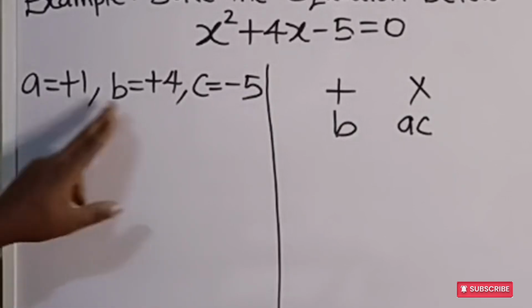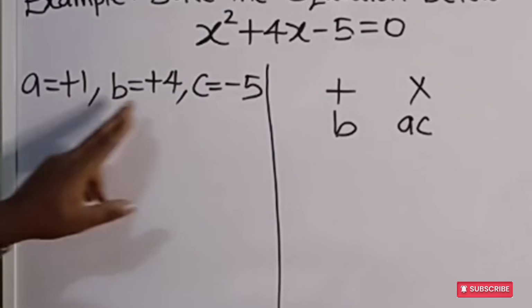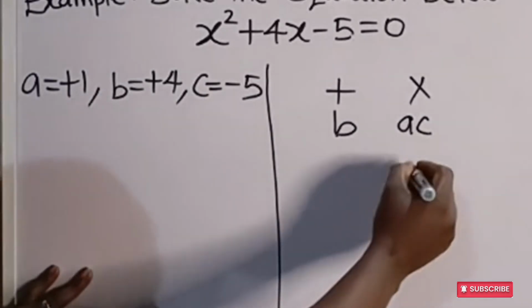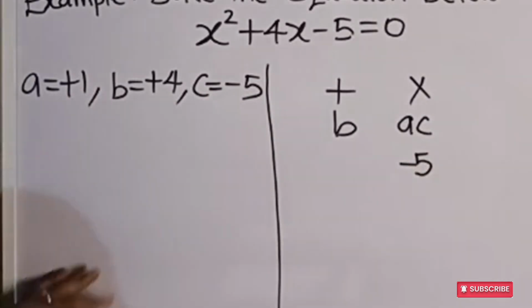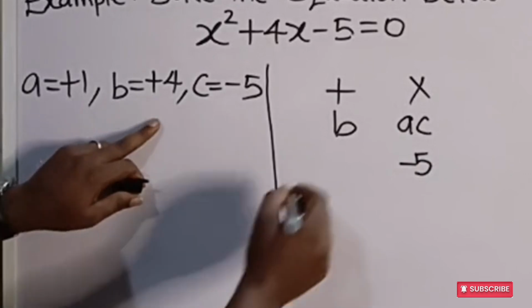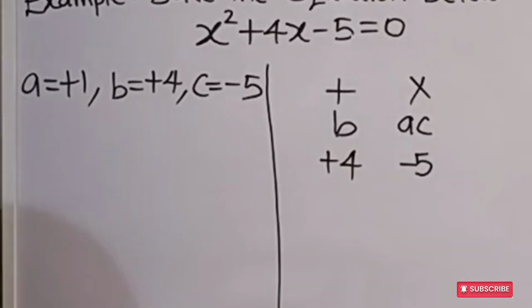AC is 1 multiplied by minus 5. 1 multiplied by minus 5 is going to give us minus 5. And B is equal to plus 4. So this means we are looking for two numbers that will multiply themselves to give us minus 5, and those same two numbers will add themselves to give us plus 4.